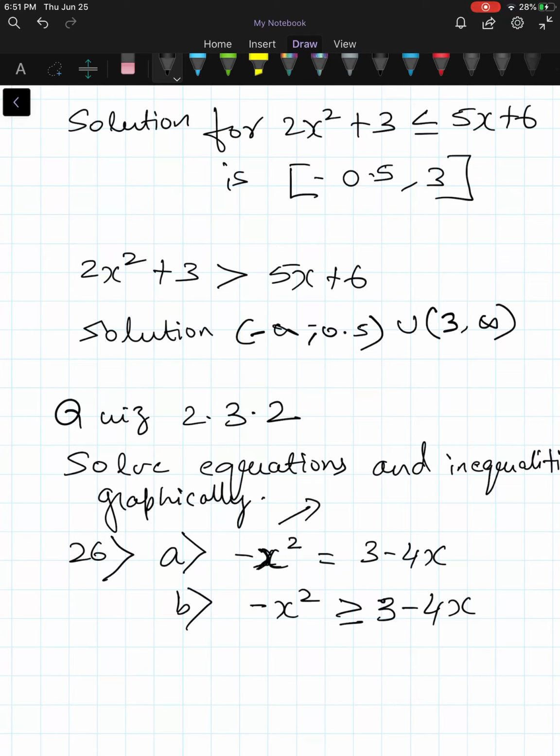So here x square is f of x and this function is g of x, or you can name anything as anything. So these are the two functions. Hope you recognize that. And this is an equation and this is an inequality. So based on the method that I taught above, try to solve this graphically.